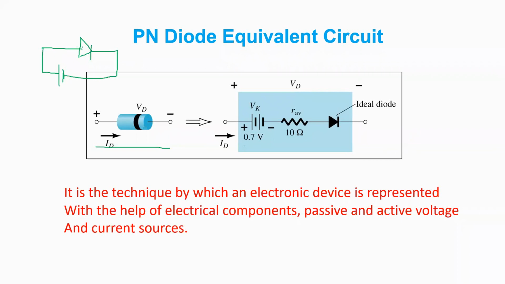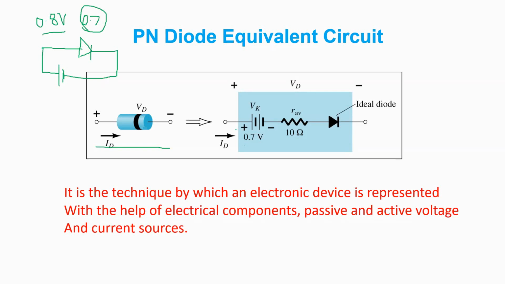Initially your diode does not conduct. Suppose this is a silicon diode: up to 0.7 volts, your diode does not conduct. So the minimum supply for this diode to conduct should be 0.8 volt with respect to this.